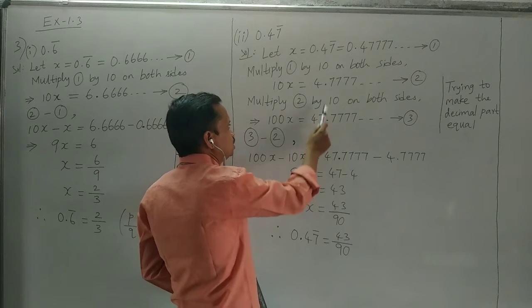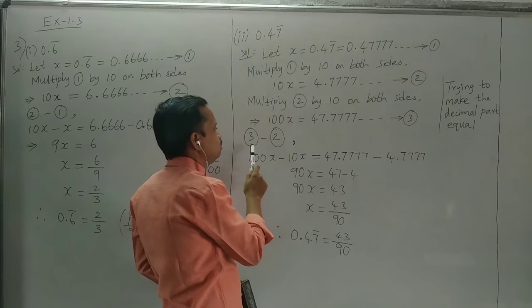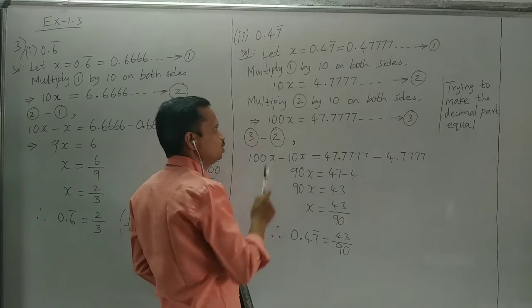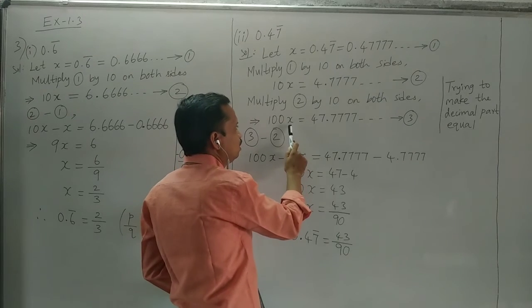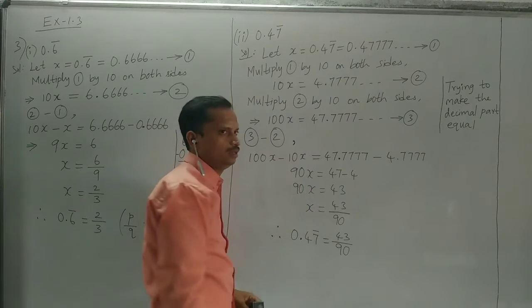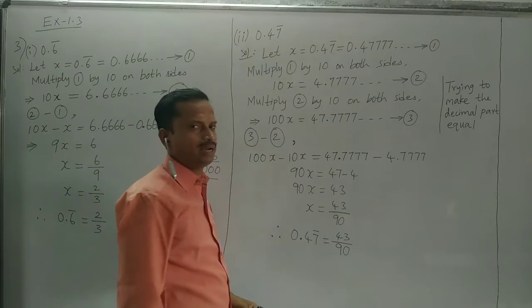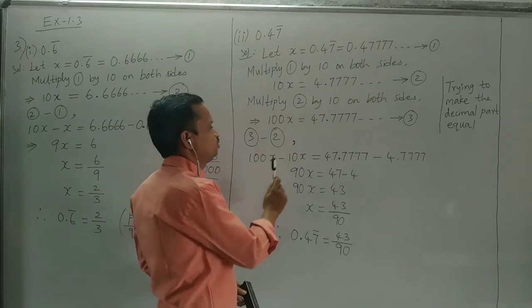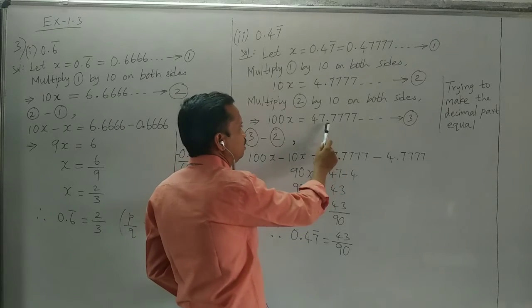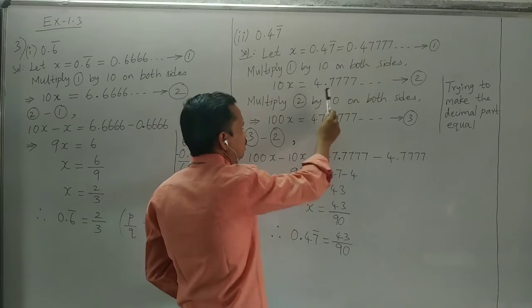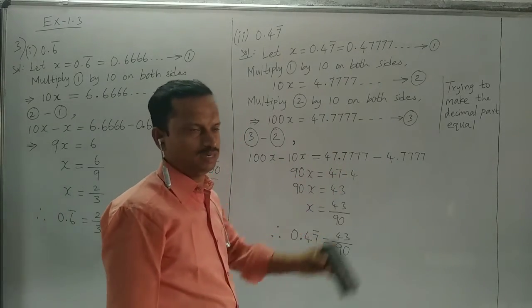And after making the decimal part equal, we can do like this, equation 3 minus equation 2. Because this is bigger, this is smaller. 100 is bigger, 10 is smaller. So from 100 we have to subtract 10. So 100x minus 10x on the left hand side, and on the right hand side 47.777 minus 4.7777.